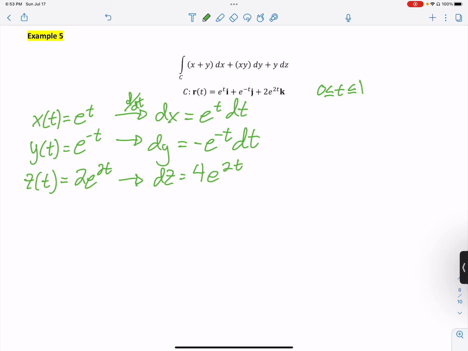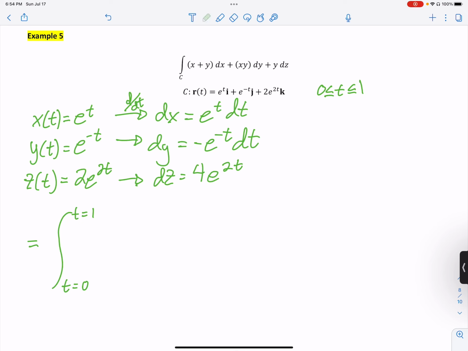I can actually define my function now. r of t is equal to, and I was going to put these in brackets, but we don't even actually have to do that in this case. We just plug it in. I'm not going to rewrite it, but we get the integral from t equals 0 to 1, and then we plug all this in.